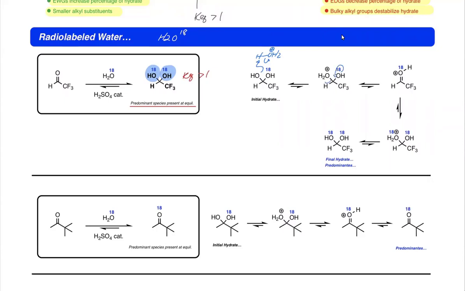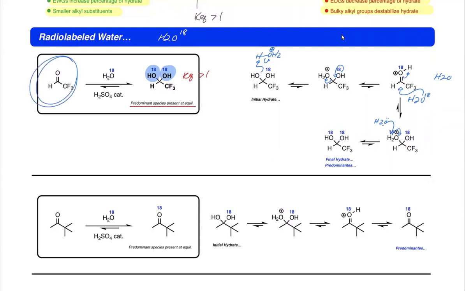Then the O18 oxygen can collapse and kick out that water leaving group, reforming a carbonyl. Then we're going to assume that in this reaction, we're using a large excess of the radiolabeled water. That's going to favor radiolabeled water attacking and bonding. We would then have to deprotonate the oxygen atom here, and as a result, we would form our hydrate with 2 radiolabeled oxygen atoms.